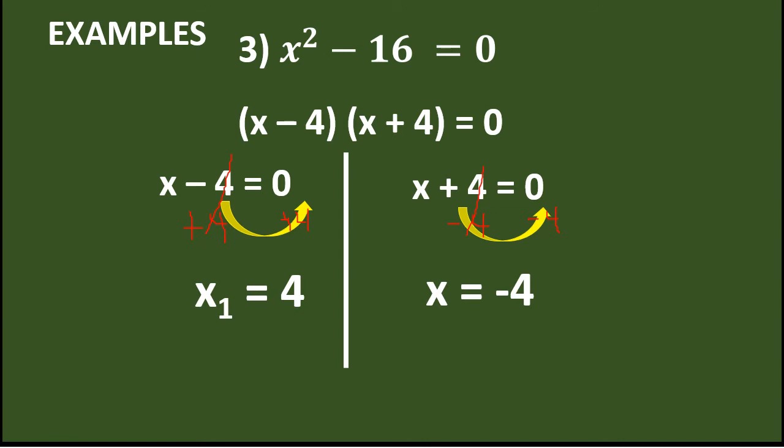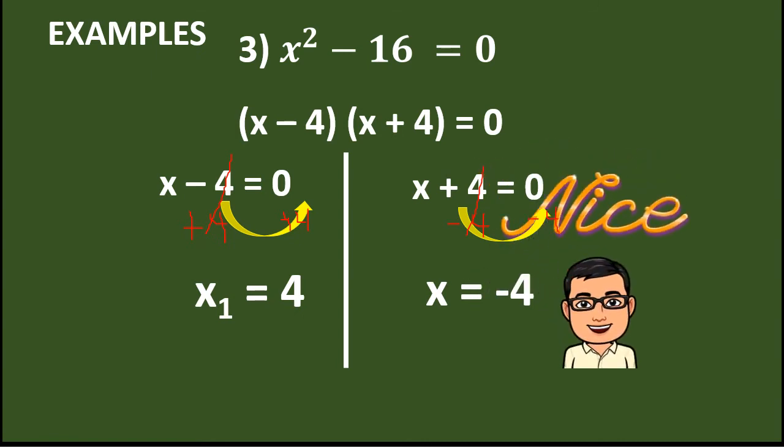In this case, negative will become positive. In the other example, positive 4 will become negative 4. So x is equals to negative 4. But the correct way of finding the solution or the roots of the solution is using the additive inverse in this particular example.